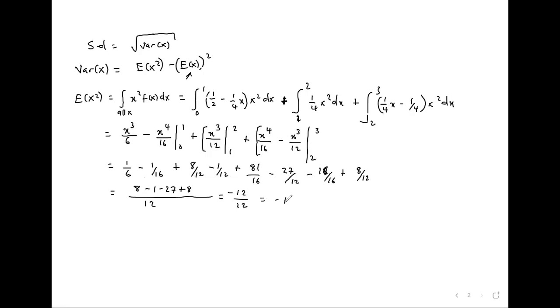So negative 1. We also have negative 1 from here, making it negative 2. Then we have 1 over 16, 16 down. Then we get 81 minus 1, that is 80 over 16.